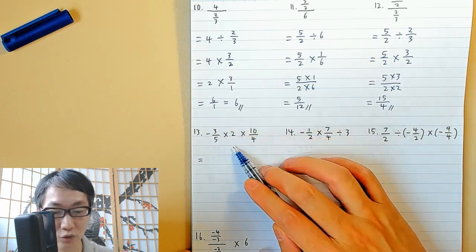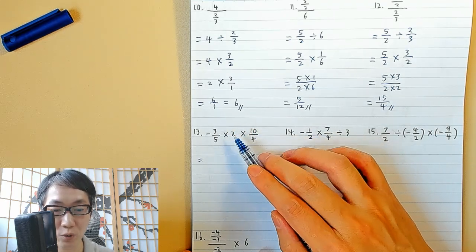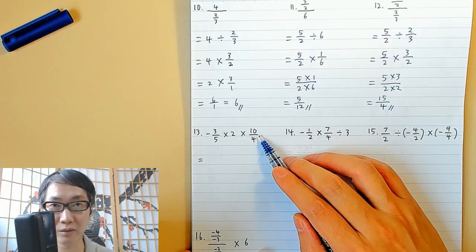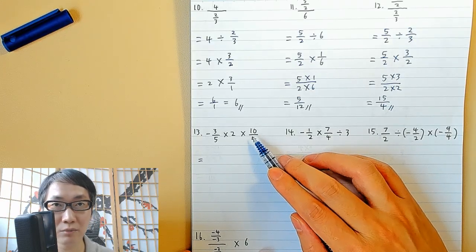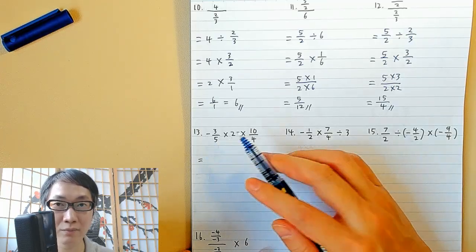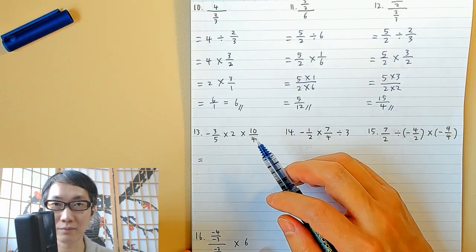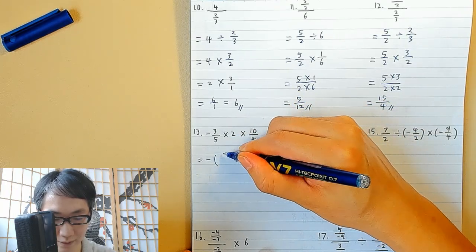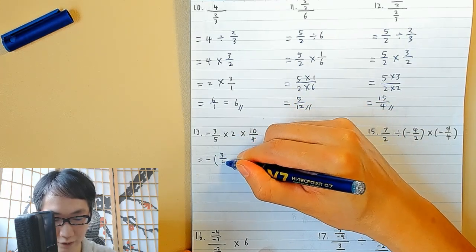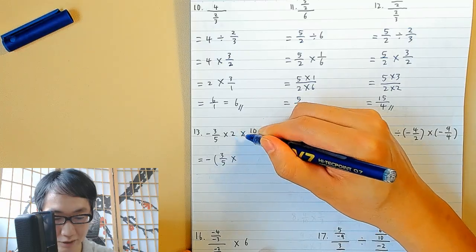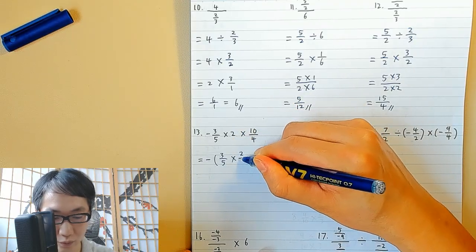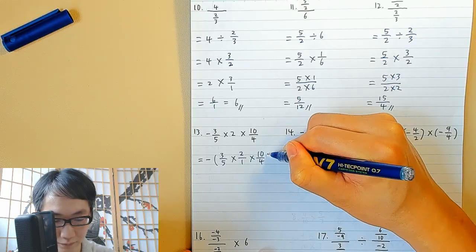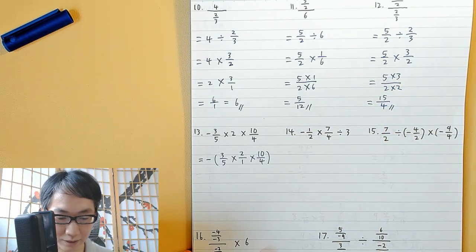So we multiply these 2 numbers first, positive multiplied by positive, the answer should be positive. Then that positive number multiplied by the negative number, the answer should be negative. Okay. So we have negative, and then 3 over 5 times, let's turn this into a fraction, 2 over 1. Then this is already a fraction.